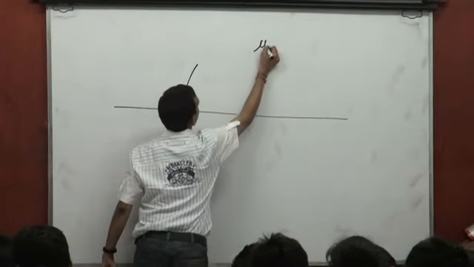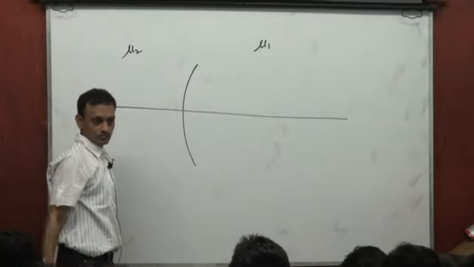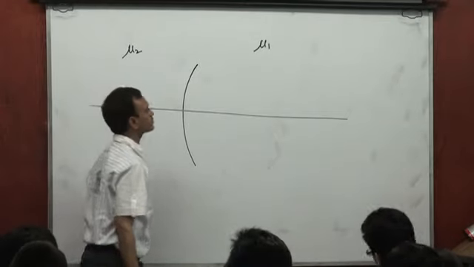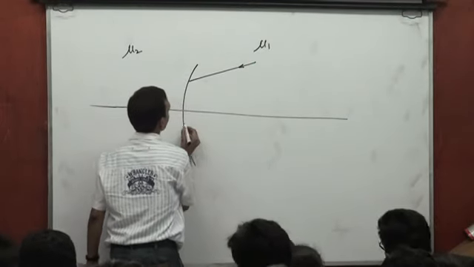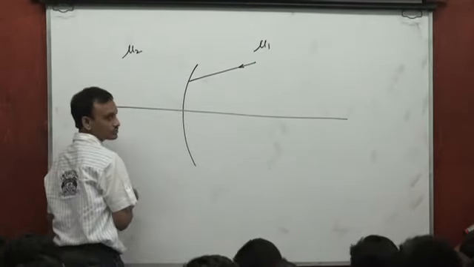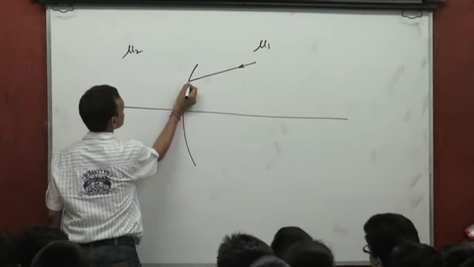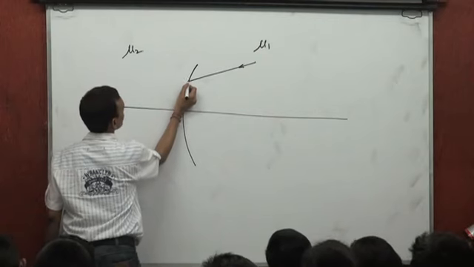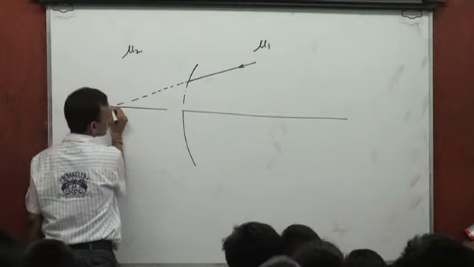Say, this is mu1, this is mu2. There is a ray of light, incident. In the absence of the boundary, it could have come here.